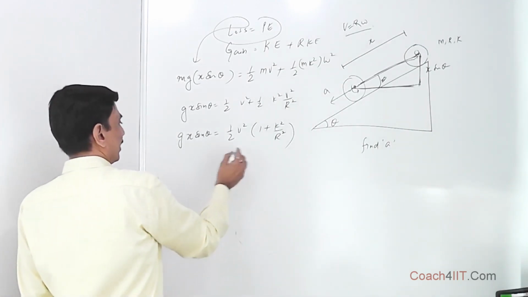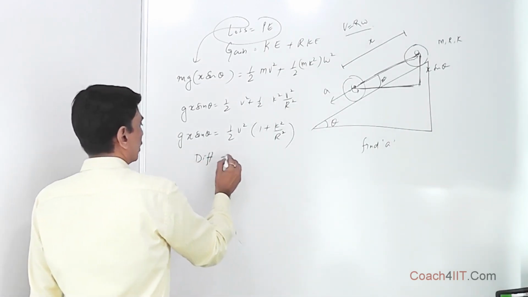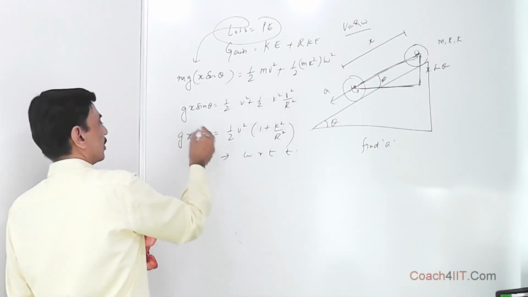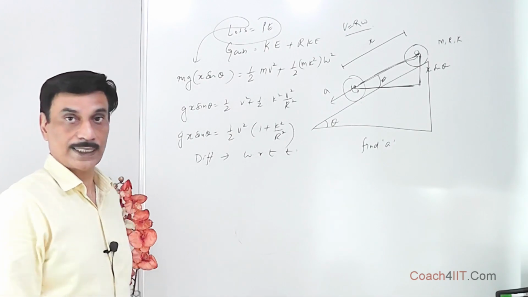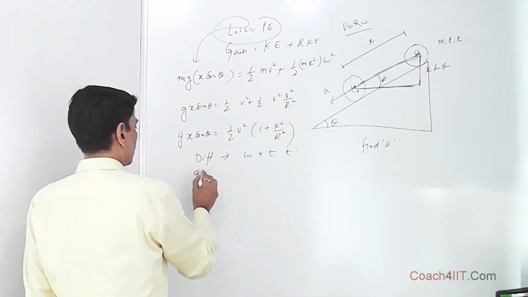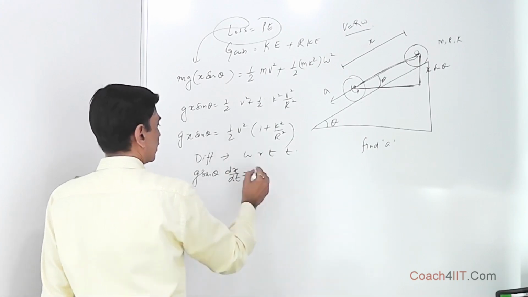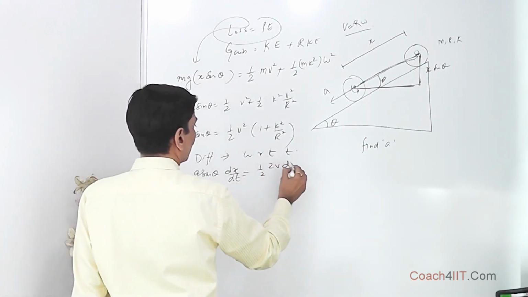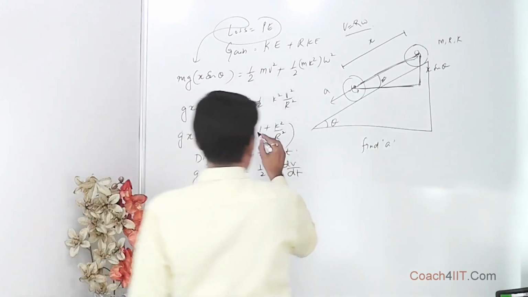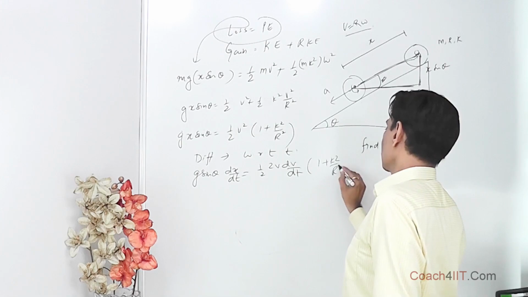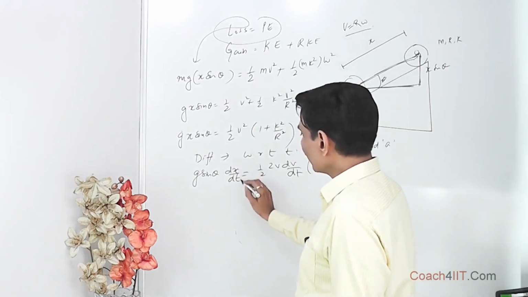Now if we differentiate both sides with respect to time, g is constant, and sin theta is constant because theta is constant. So it comes out to be g sin theta into dx by dt is equal to half into 2v dv by dt, and 1 plus k square upon r square is again constant. Now what is dx by dt?